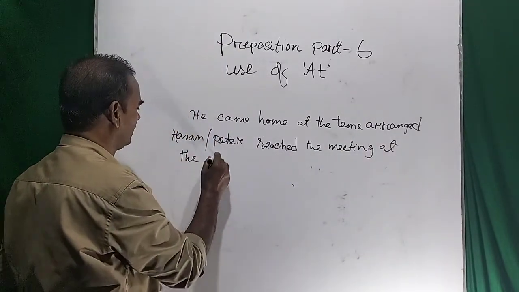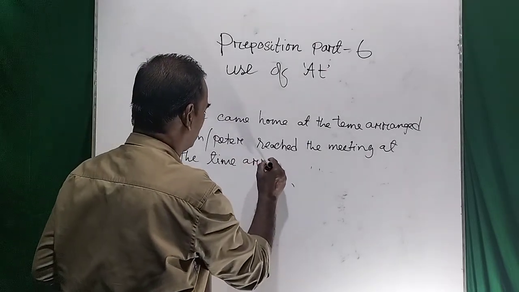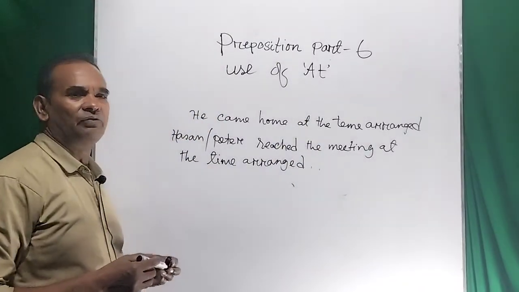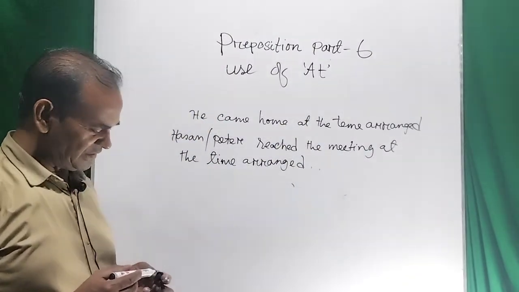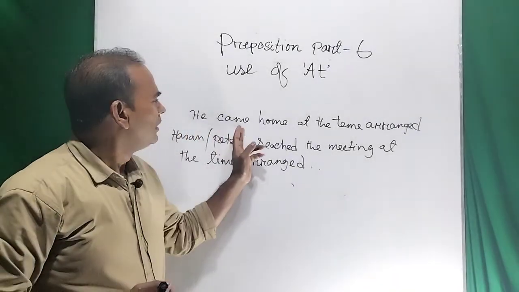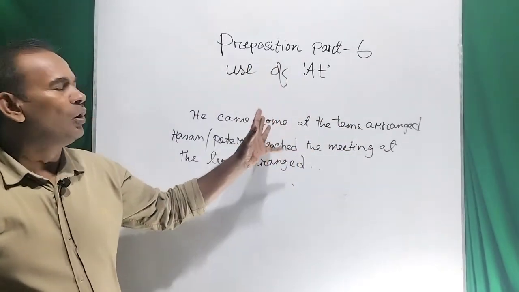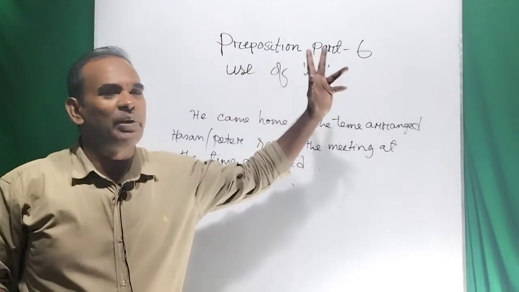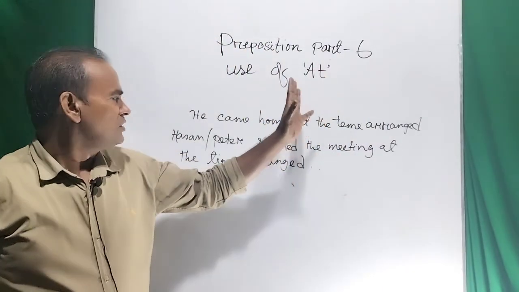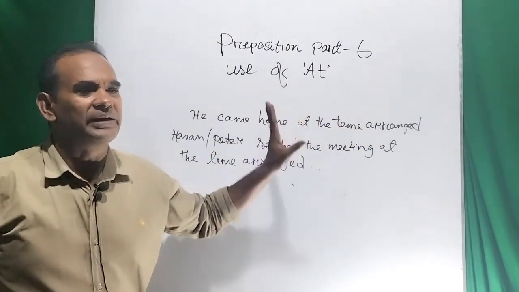At the time arranged. So dear students, what can you understand from this sentence? Please try to understand. He came home at the time arranged. This means he came home not before the time arranged or not after the time fixed up. So Hassan or Peter reached the meeting at the time arranged.